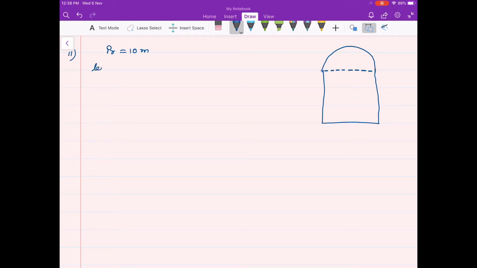We will take the length of the window as 2x, so that the radius will be half of it, which is x, or you may use x and x by 2 also, and take the breadth of the window as y meters. So, radius will be half of the length, which is x meters.